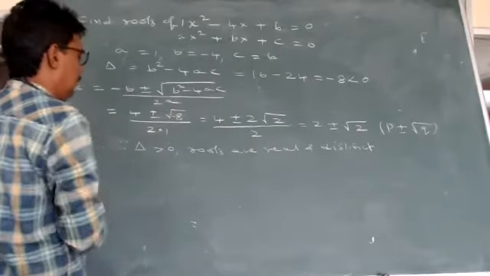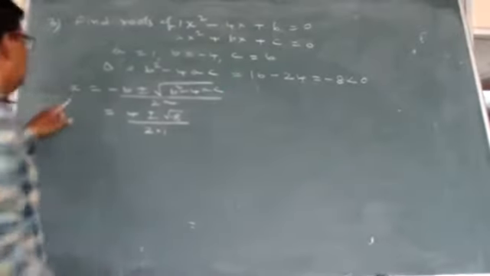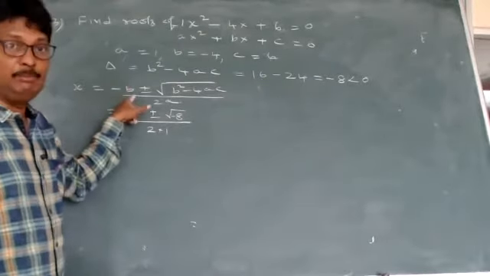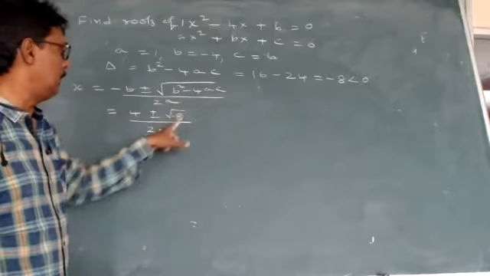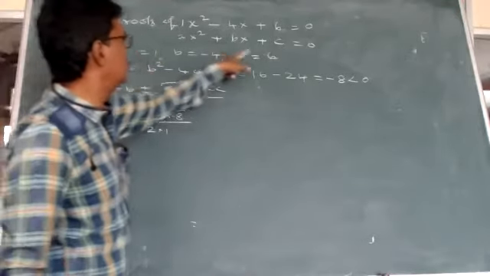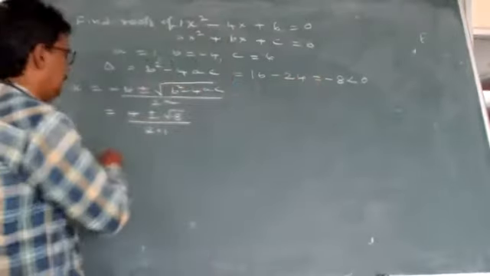Now the roots are given by, as we already discussed, x is equal to minus b plus or minus root of b square minus 4ac by 2a. Here b square is 16, minus 4 into 6, that is 24, so 16 minus 24 is minus 8.